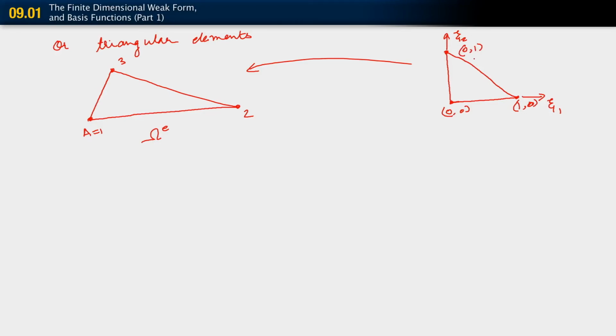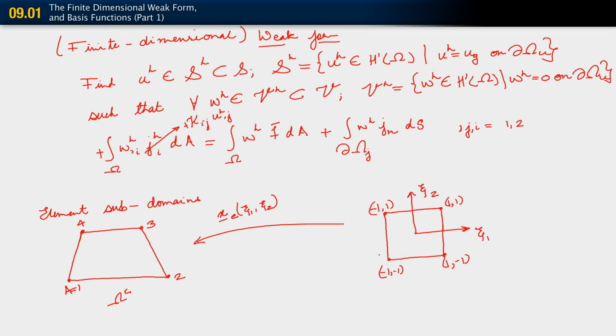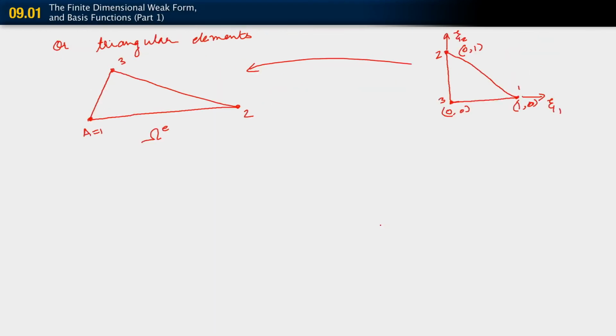We also recall that in this setting our degrees of freedom are labeled 1, 2, and 3. That reminds me that I did not label the degrees of freedom on the bi-unit domain, so let me call this 1, 2, 3, 4. But we know that already very well. And again we will get from here a mapping of the geometry as well, C1, C2.